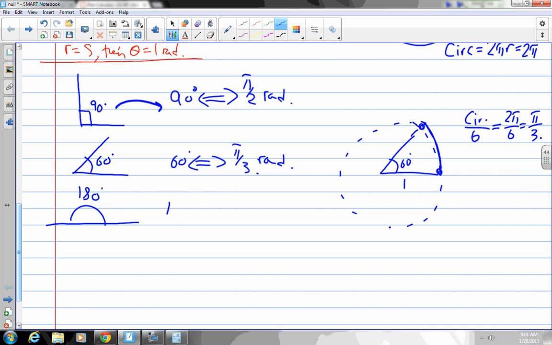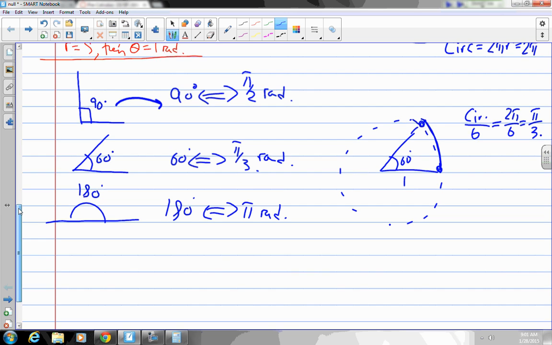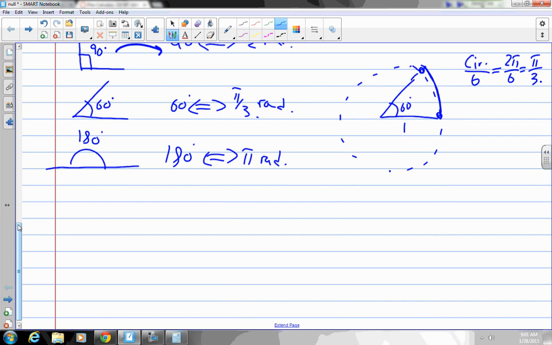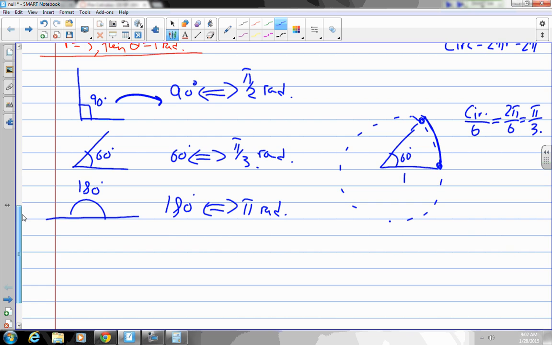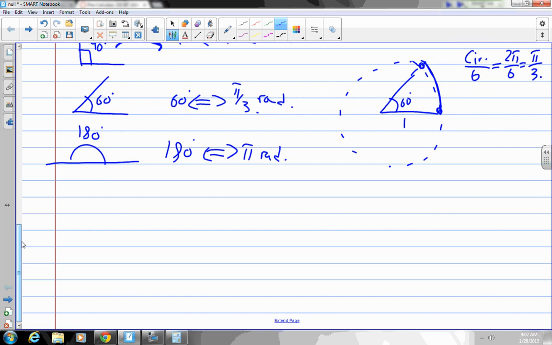So 180 degrees is equivalent to just pi radians. You just double the 90 degrees to get to 180. Okay?